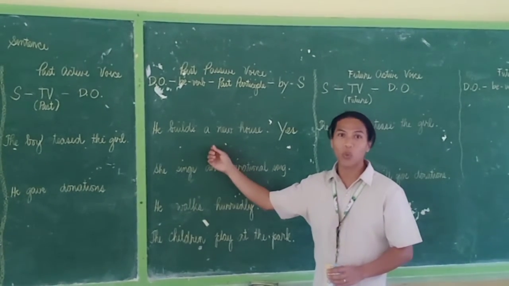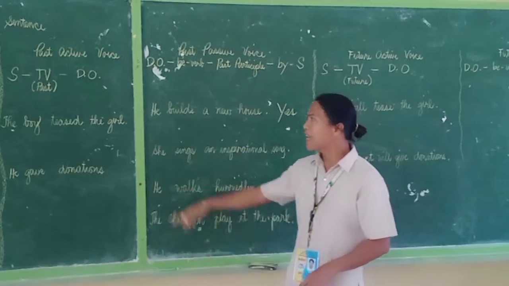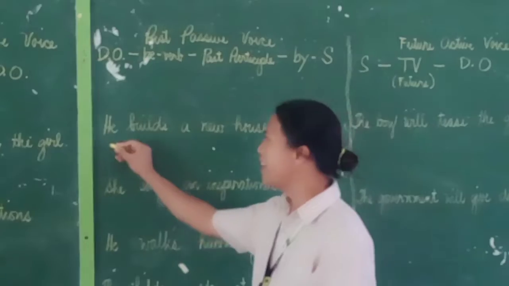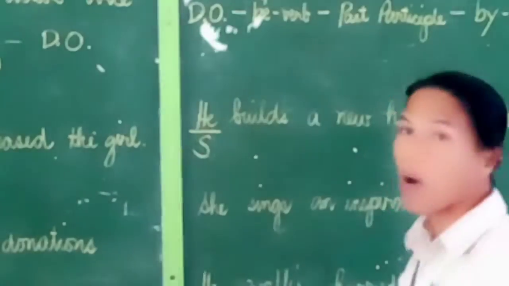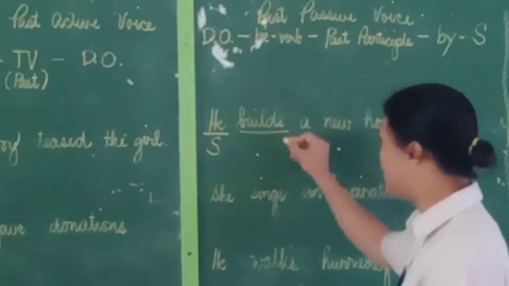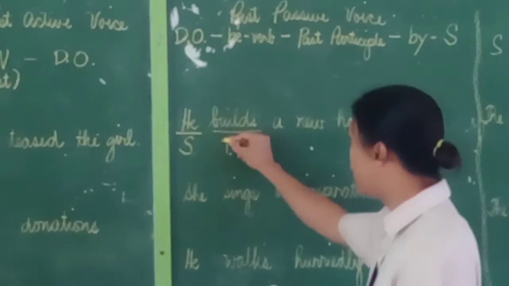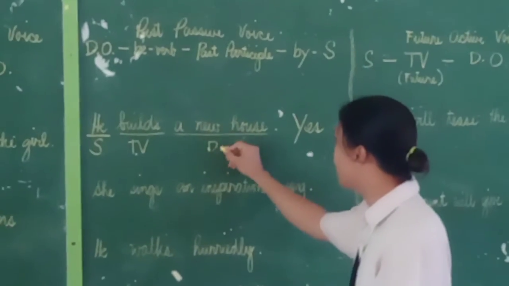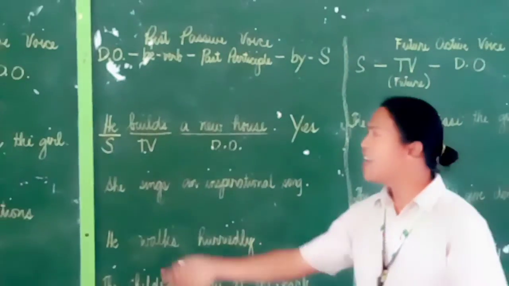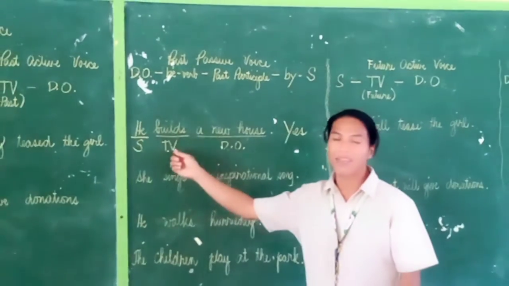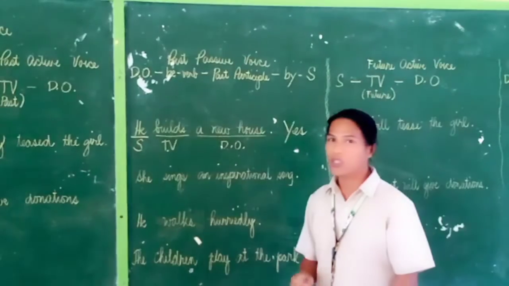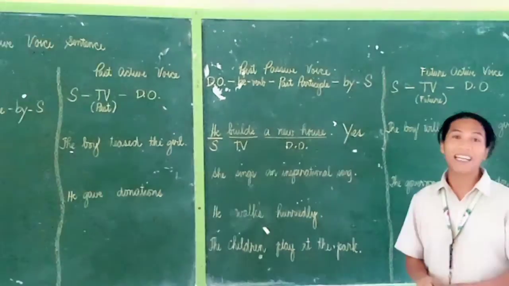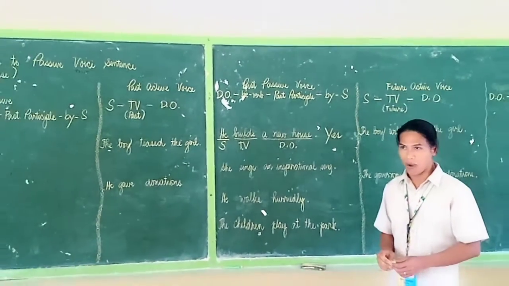Our subject is he, and our verb is builds, which is a transitive verb. Then, a new house is our direct object. So again, this active voice sentence with a structure of subject, transitive verb, and direct object can be rewritten to passive voice.